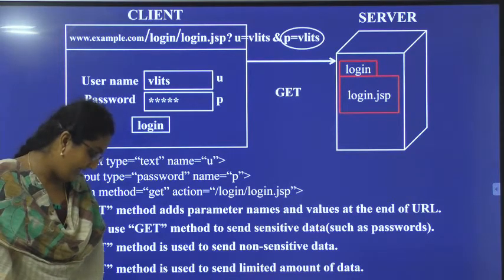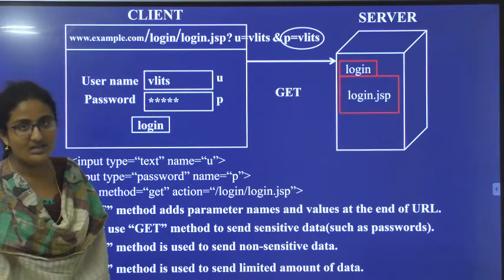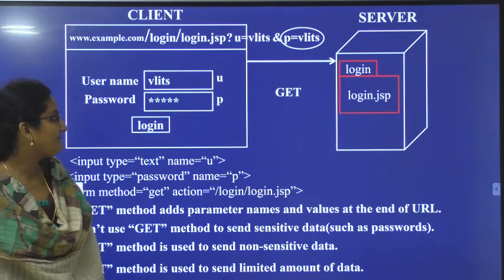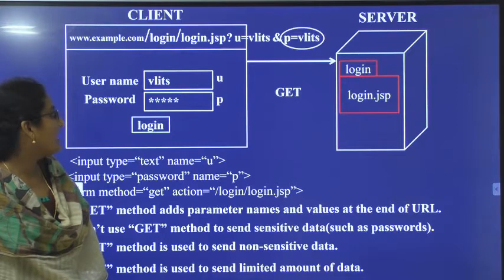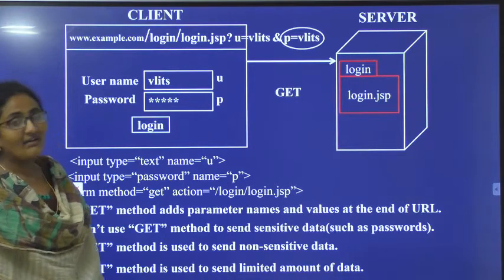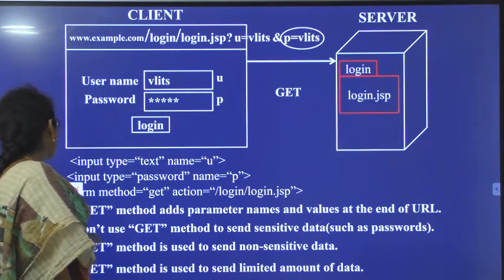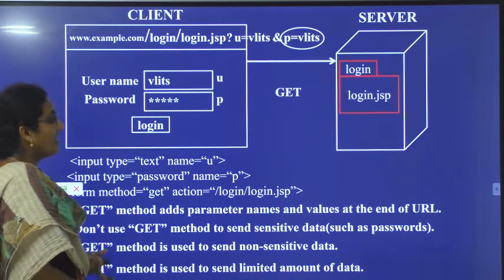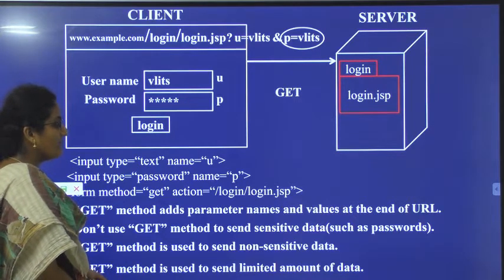So I have created a login page, login.jsp, because it is a JSP program. Next, I have the parameters like username and password. While we are using the get method, the parameters are added to the URL. The get method is used only for non-sensitive data and is not suitable for sending sensitive data like passwords.